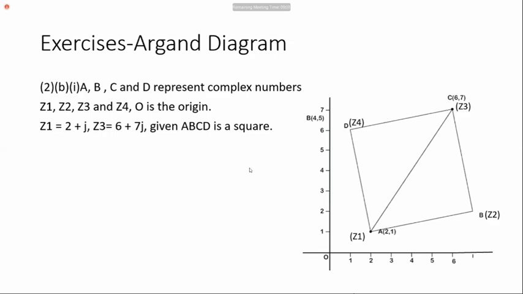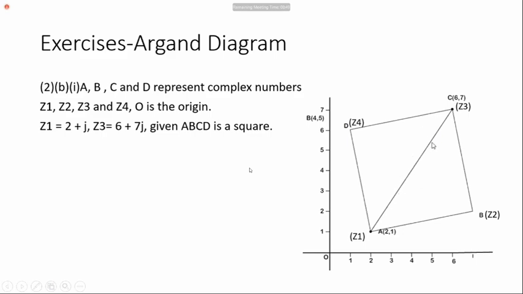Because O is in a different position, what you can do is move the entire square to the origin. This question is to be solved using complex numbers, not geometry. If you know coordinate geometry, it can be solved in a different manner: by calculating the gradient of the particular line.